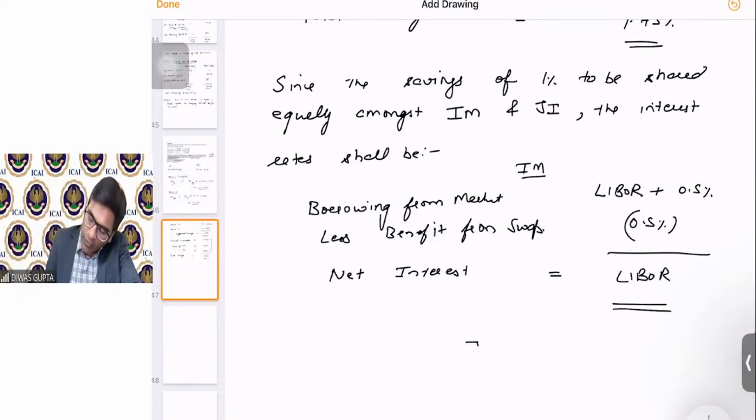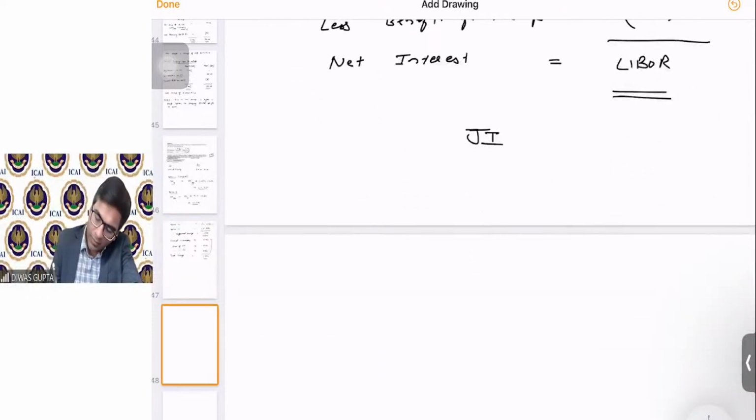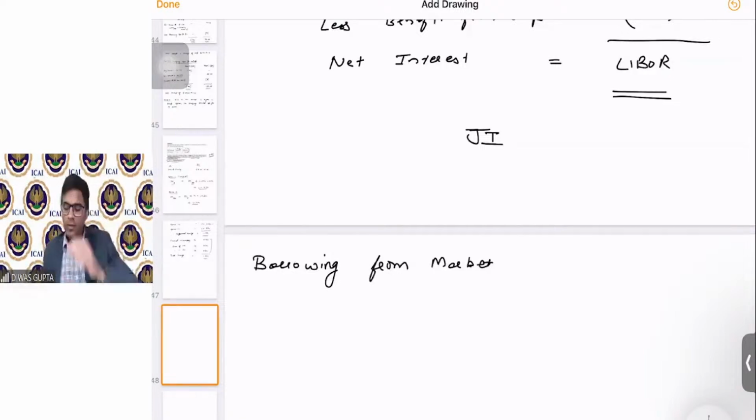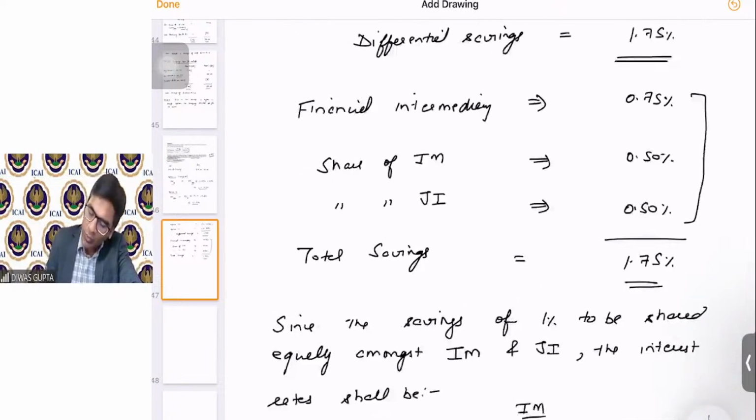Can we also calculate for JI? Borrowing from market. For JI, what is the borrowing rate from market? JI will borrow in JPY fixed, 4.25.